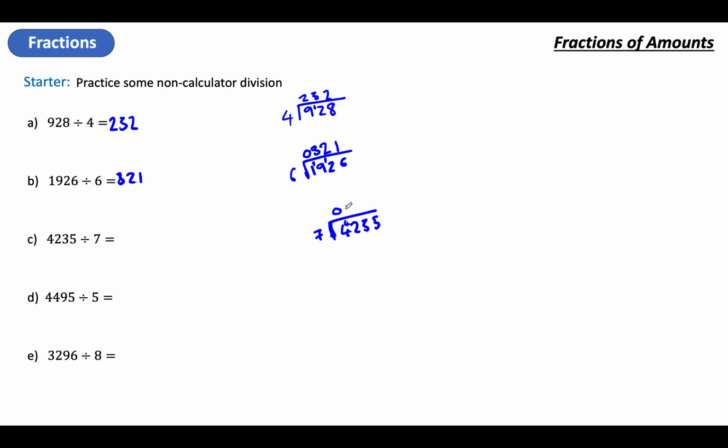There are 6 7s in 42. And there's nothing left over because it fits exactly. And then 7s into 3 doesn't go because 3 is too small. So I carry all of that 3 across to the next column where it becomes 35. And 7s into 35 goes 5 times. So there are 605 7s in that number.